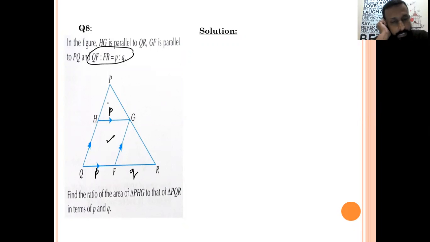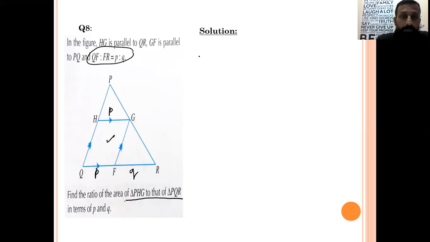Now, what are they asking us? Find the ratio of areas of triangle PHG to that of triangle PQR. So, the first thing you need to do is identify the pair of similar triangles. The pair of similar triangles, as they've also mentioned in the question, triangle PHG and triangle PQR, they are similar.